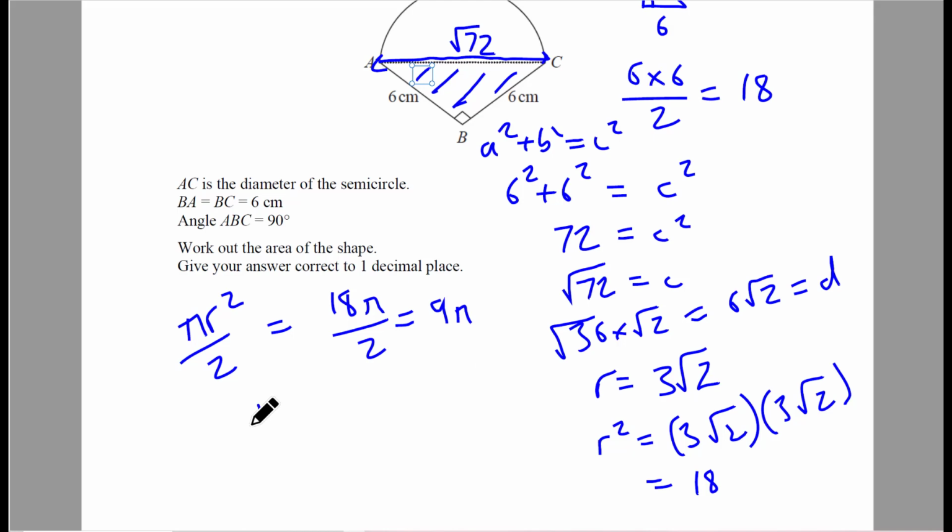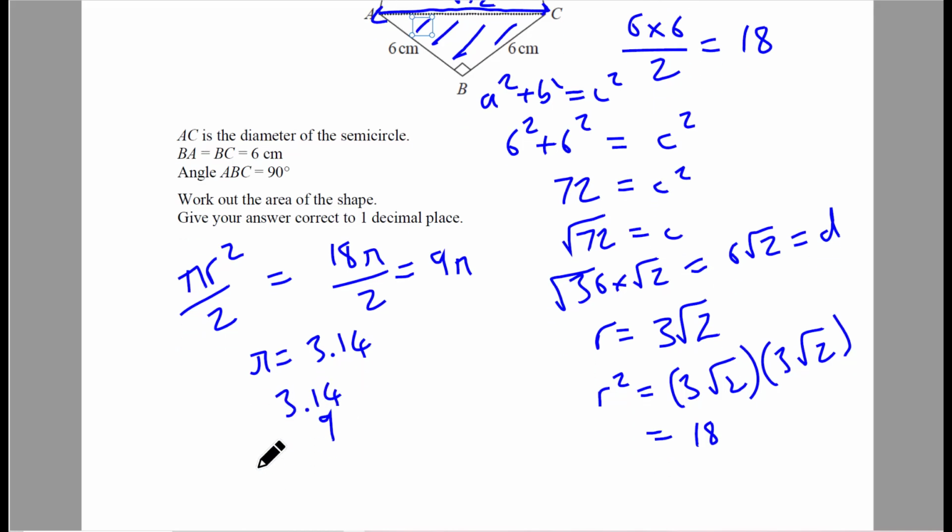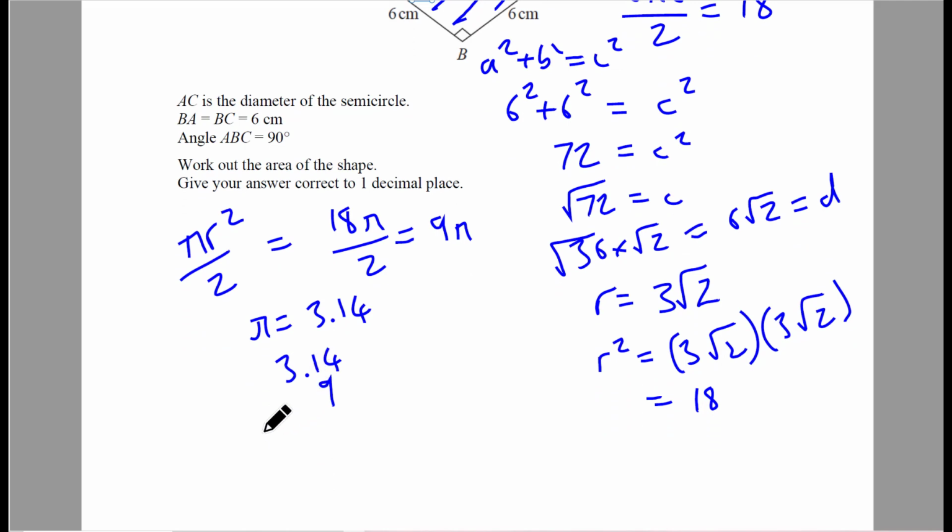Now we should all know what pi equals: 3.14. We can do 9 times 3.14. So 9 times 4 is 36, carry the 3, 9 times 1 is 9, 12, 2, carry the 1, 9 times 3, 27, 28.